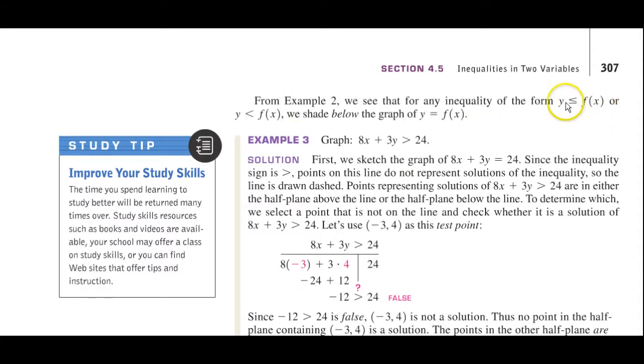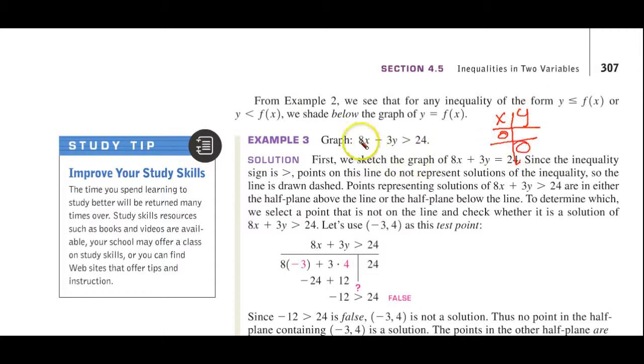And if it's in function notation, it works the same. So they want us to graph this. Now again, what technique might you use? Since this is sort of in standard form, I'm going to use the x and y intercept t-chart.